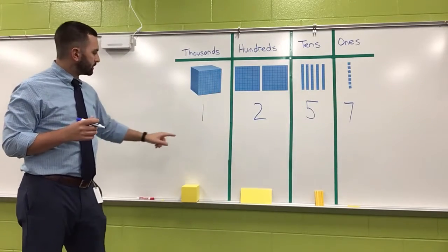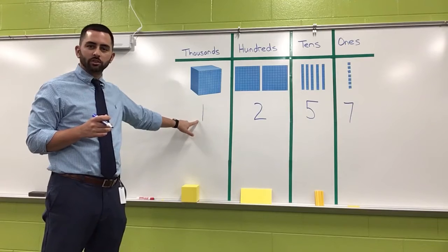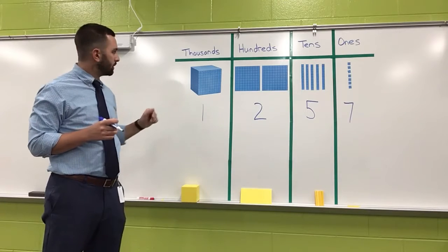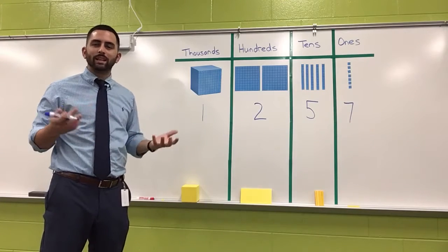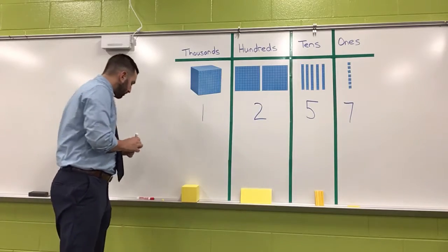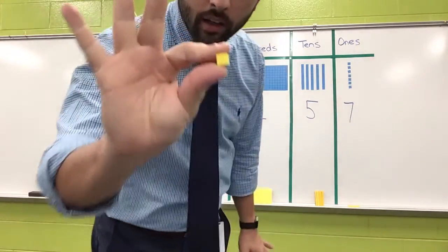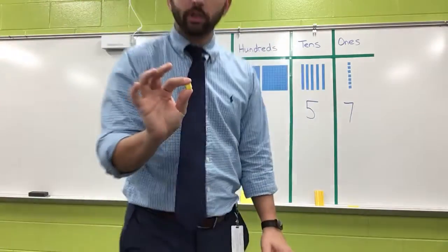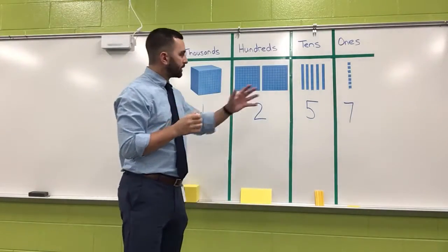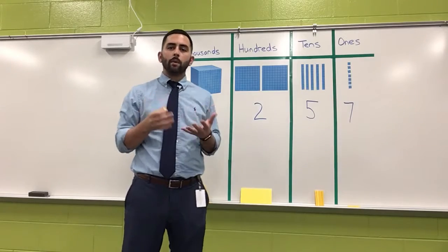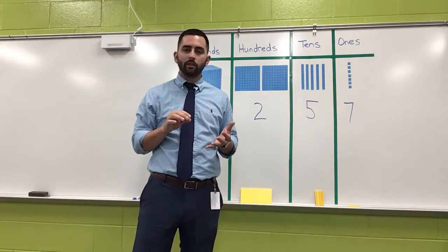Well, at first glance, 1 seems like it's the smallest number on the board. But it's in the thousands place, so what does that mean? Well, if we take a look, this is 1 unit cube. It's pretty small. If we look at our different place values, it tells us how many of this unit cube we have in each space.